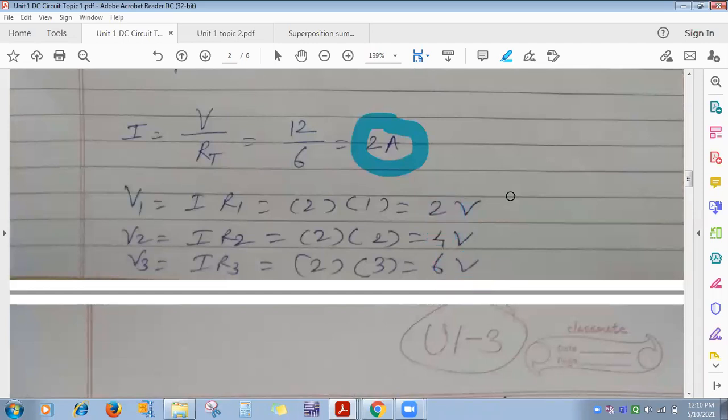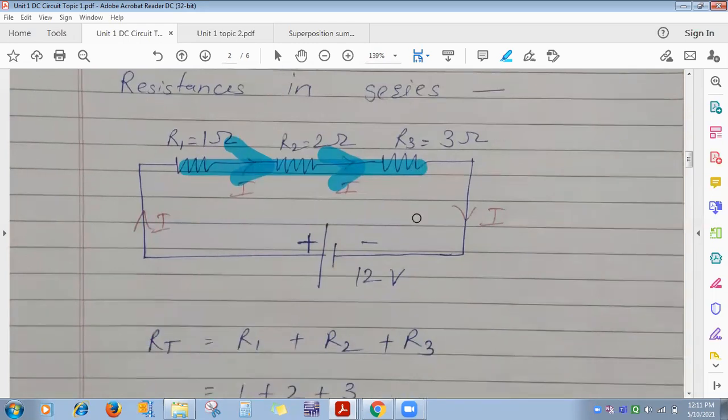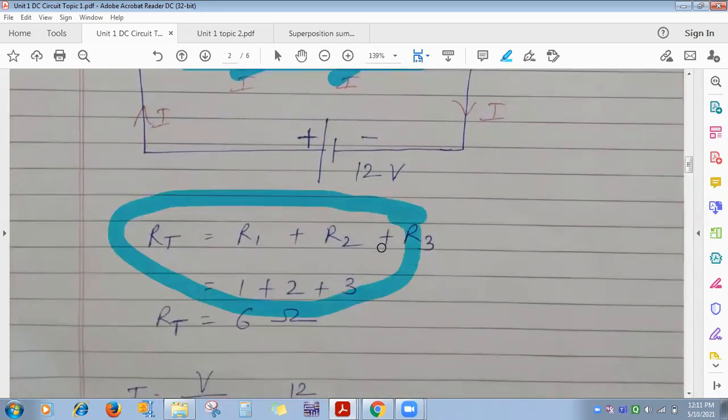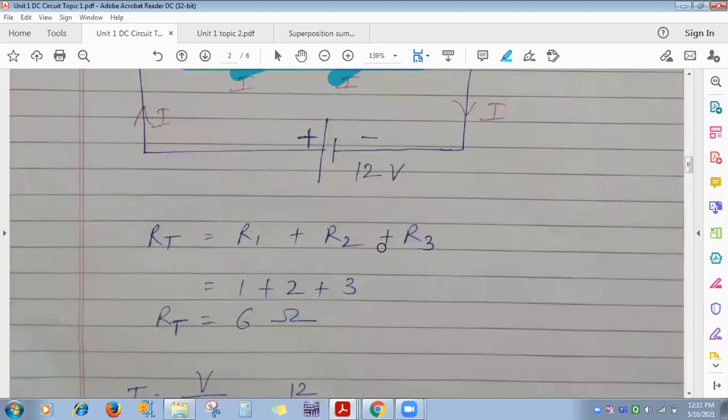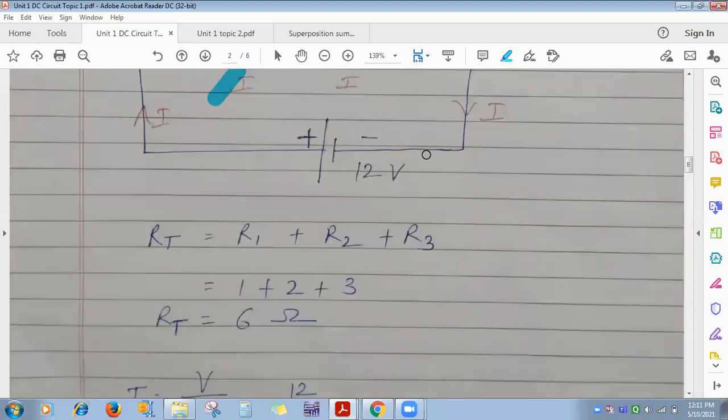Hence, what is the conclusion? First thing, whatever circuit is given to you, first observe whether the same current is flowing or not. If the same current is flowing, then you can say the resistances are connected in series. If they are connected in series, how to find the equivalent? Add them, you will get the equivalent. Then once you know the total current, you can find the voltage drop across each resistance.